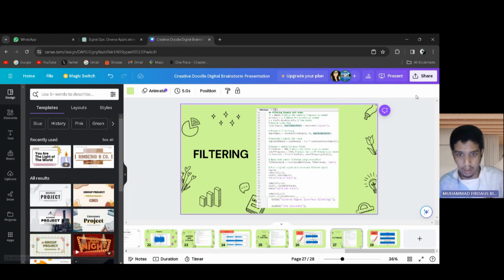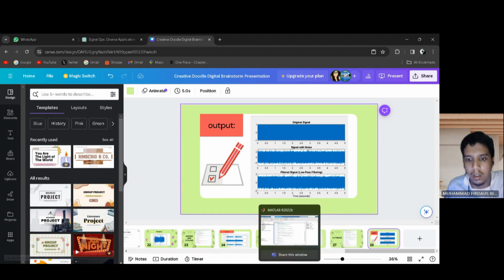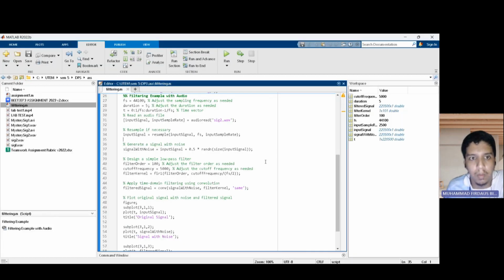Now if we look at the slide, this is the code for a filtering example with audio. If we run this code, we will get this result. Now I will explain the code.